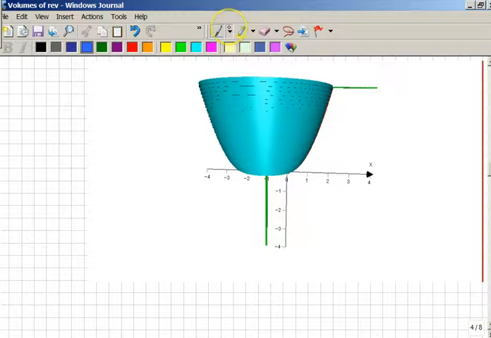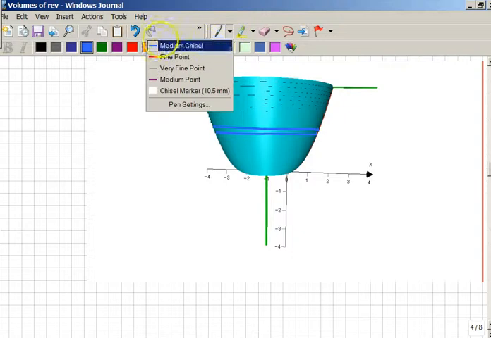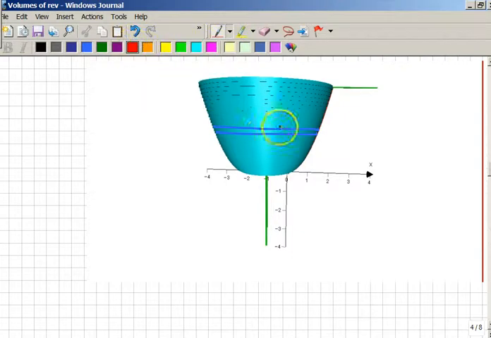Just like in the previous lesson, the first thing you want to do is slice the shape perpendicular to the axis of revolution. So there's our slice. I want to change colors on this a little bit because it's kind of hard to see, and I'm going to color it in. So there's our red slice.